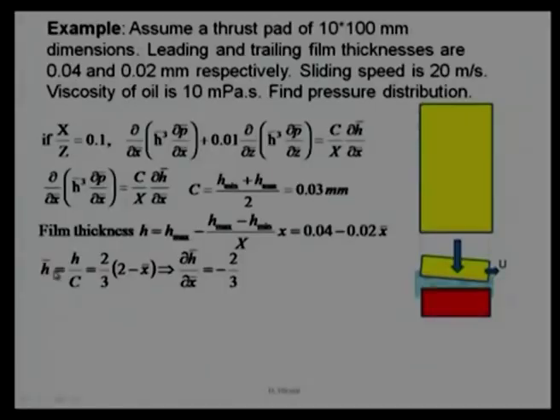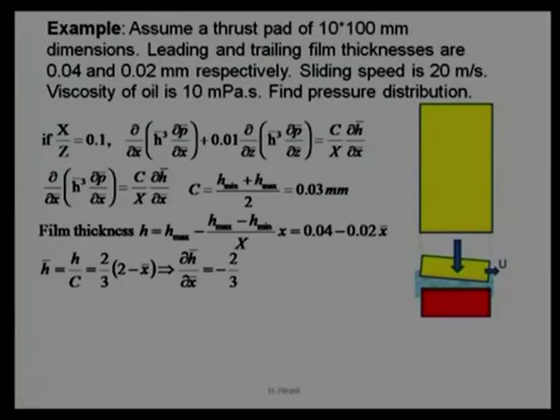So, H bar in our case turns out to be (0.04 minus 0.02 x bar) divided by 0.03. We can say simply it will be 4 divided by 3 minus 2 divided by 3 x bar. 2 can be taken common and 3 can be taken common. So, it will turn out to be 2 by 3, in bracket 2 minus x bar.